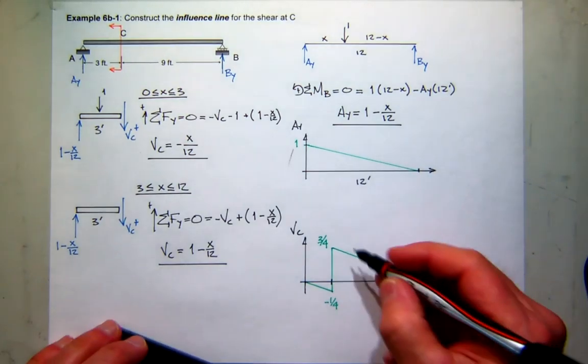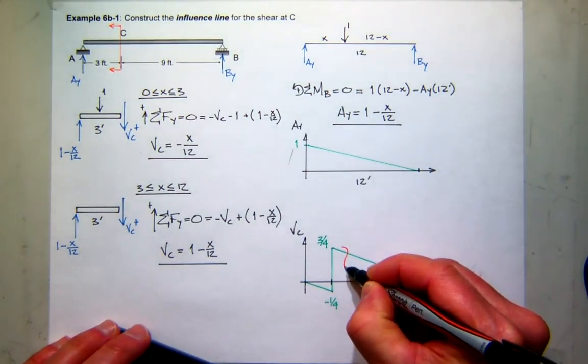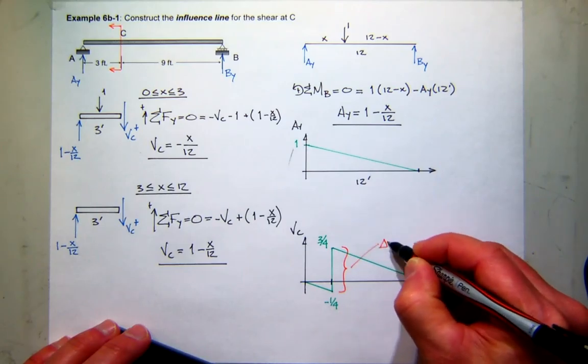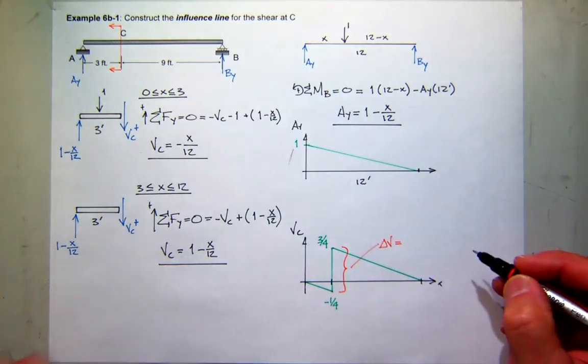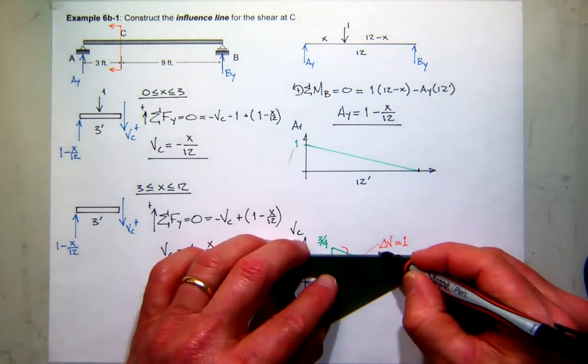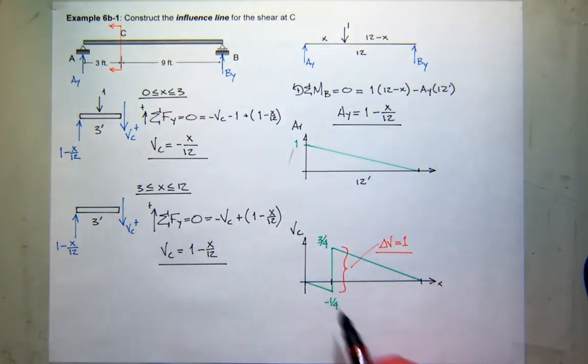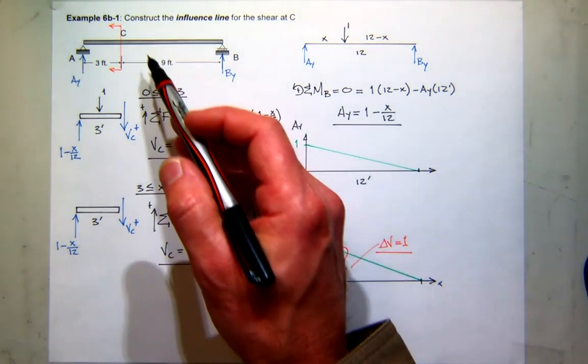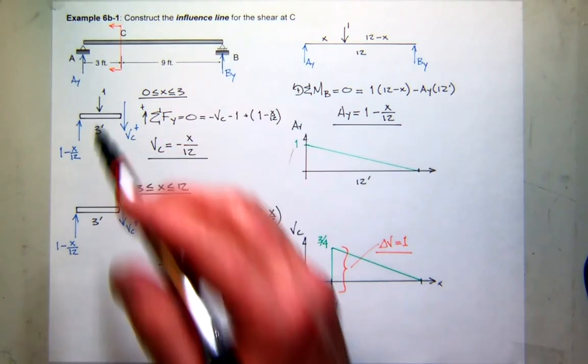Now I want to show you one thing. This total change right here is equal to what? 1. So the change in shear as you go from the left side of C to the right side of C is equal to 1, which is exactly equal to the value of the unit load.